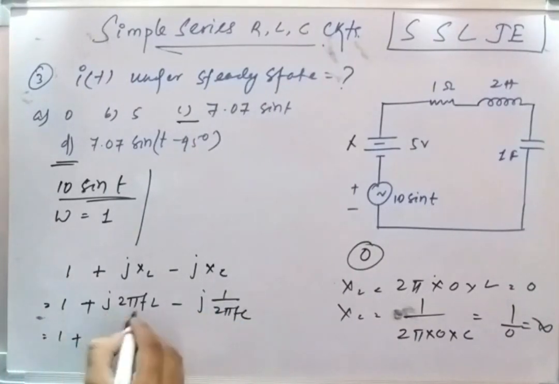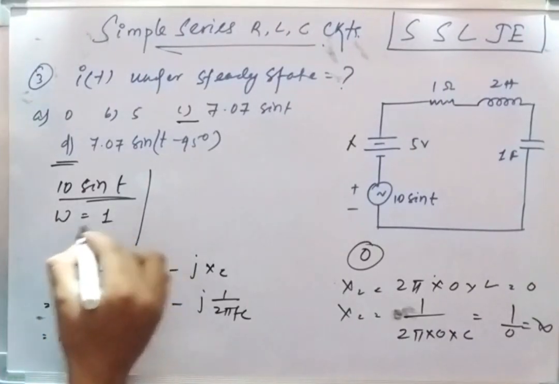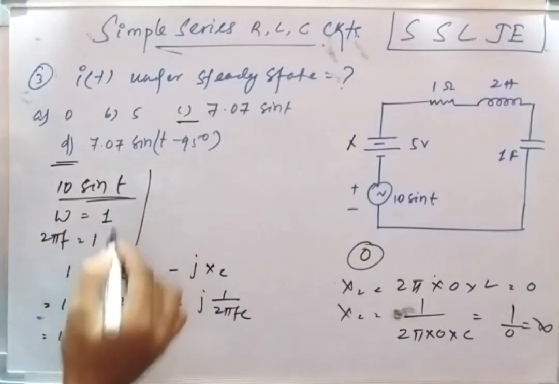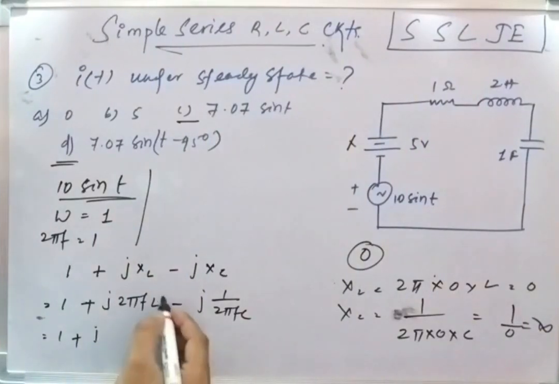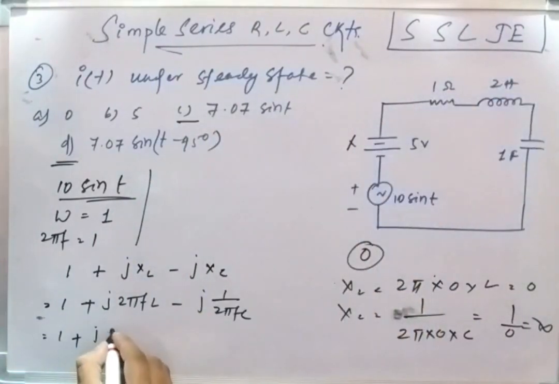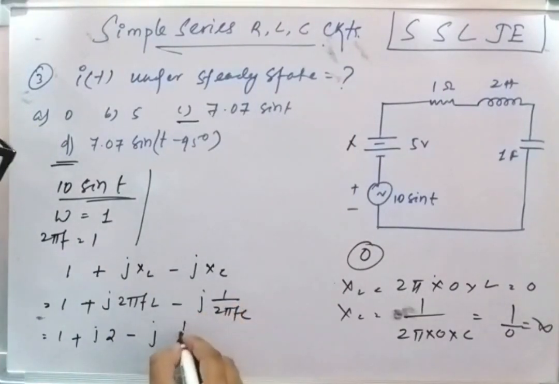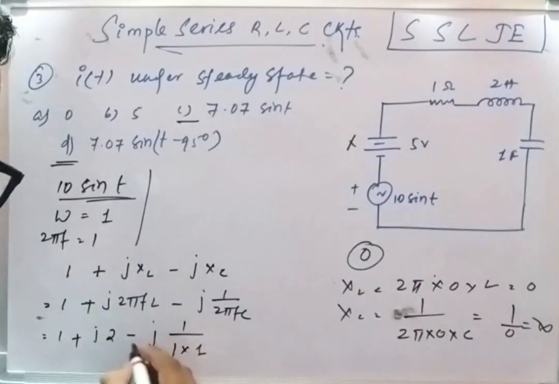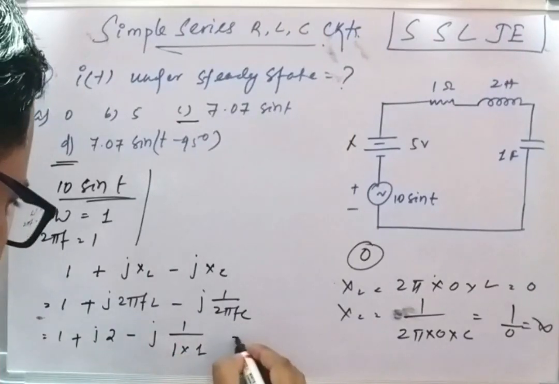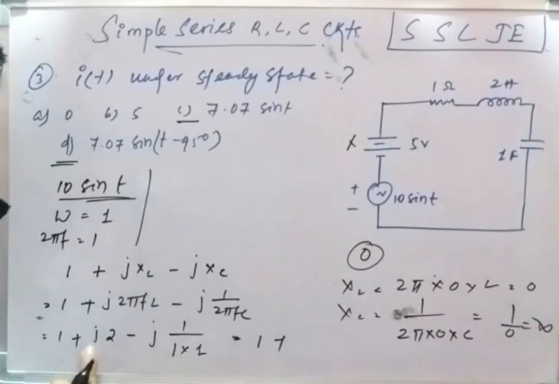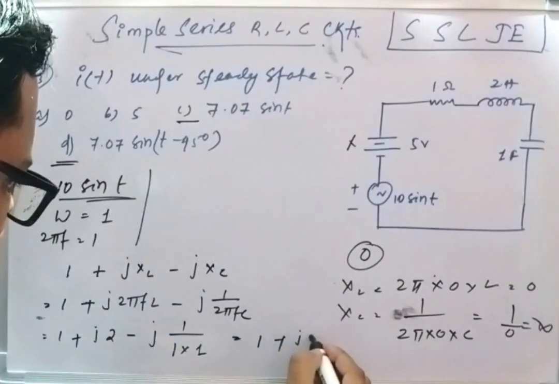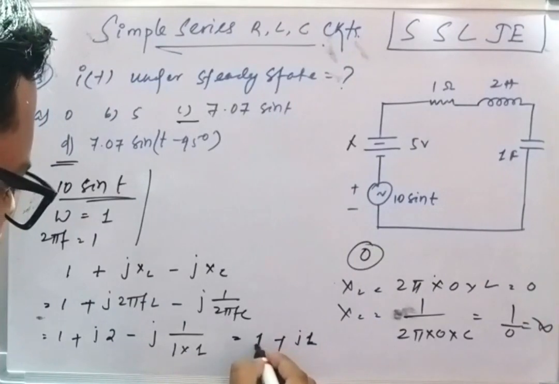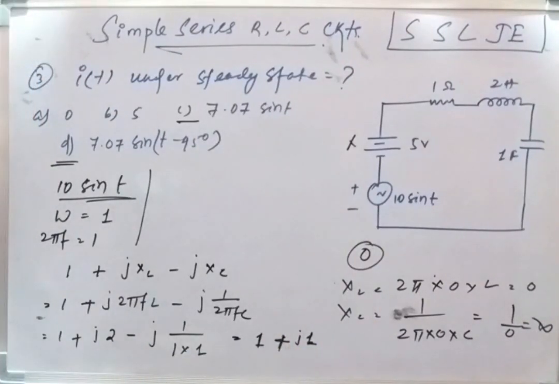So 1 plus J into 2 pi F, omega is nothing but 2 pi F, and 2 pi F is 1. So in place of 2 pi F, you put 1 into L, L is given 2 Henry. So here it will be 2, minus J of 1 by 2 pi F, which is again 1, into capacitance, given 1 farad, so it will be J1. So if I write it, 1 plus J2 minus J1, you will get 1 plus J1.